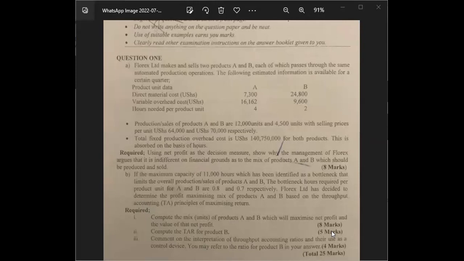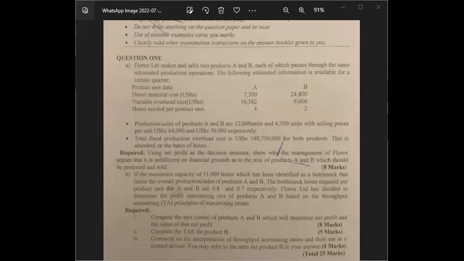So my total variable costs is variable cost per unit times the number of units produced. Then you add them together.